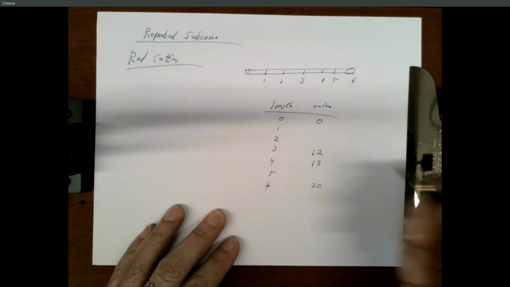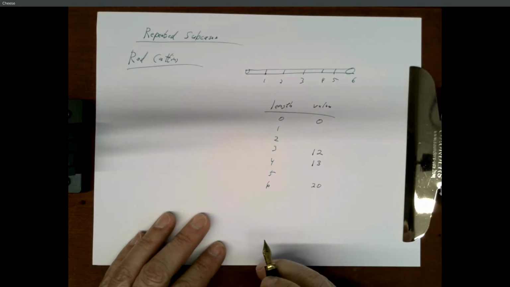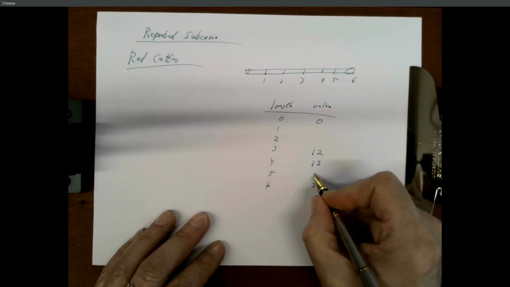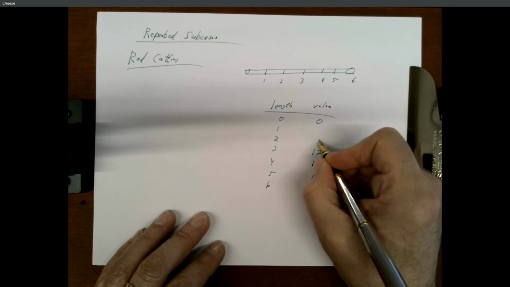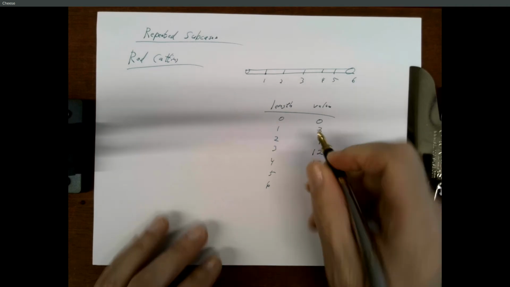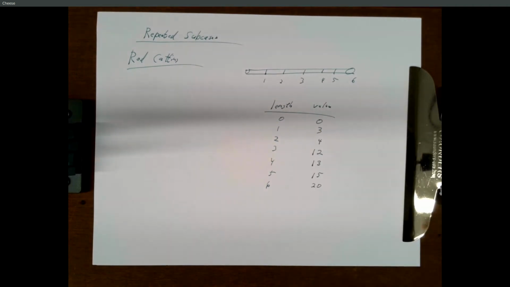And maybe nobody uses 4-inch pieces, so that's worth just a little more than a 3-inch piece. And maybe 1-inch pieces are really valuable, so they're worth $3 an inch.